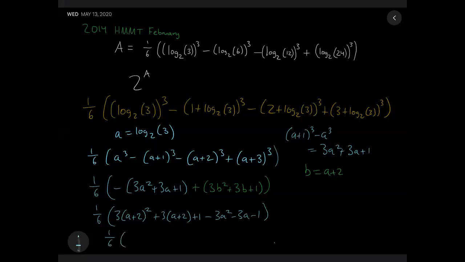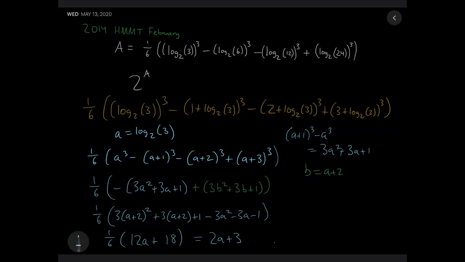This becomes, after you expand, the a^2 terms drop out, and all you're left with is, I believe it's 12a plus, let's see, I believe that is 18. Yeah, this is what you're left with. And this will become 2a + 3. So this entire mess simplified down to 2a + 3.